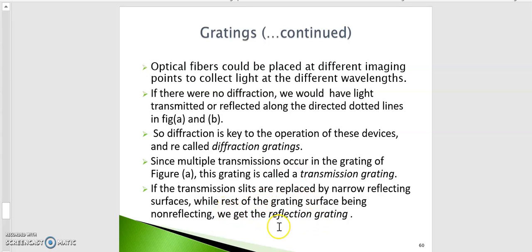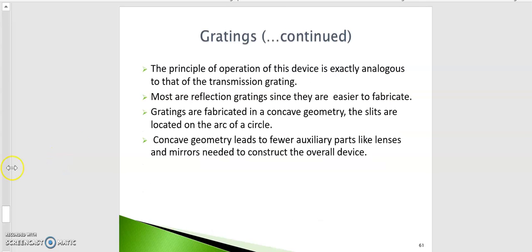If the transmission slits are replaced by narrow reflecting surfaces, then in a reflection grating we should use a material so that reflection can occur. So at the slits some reflecting material has to be placed, and the remaining area will be covered by non-reflecting material. The principle of operation of a reflection grating is similar to that of a transmission grating.